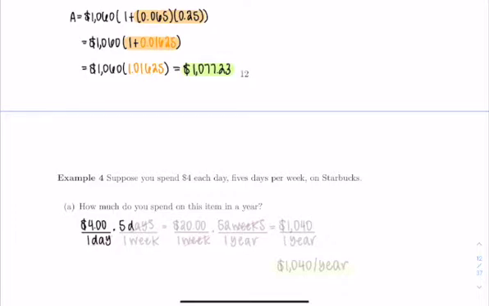And so we're going to multiply that by our 5 days in 1 week to figure out how much I spend per week. My days are going to cancel. And when I multiply 4 times 5, on the top I end up with $20 per week.